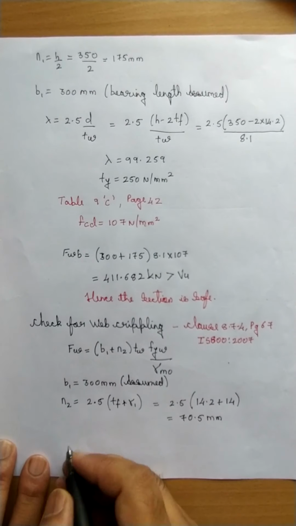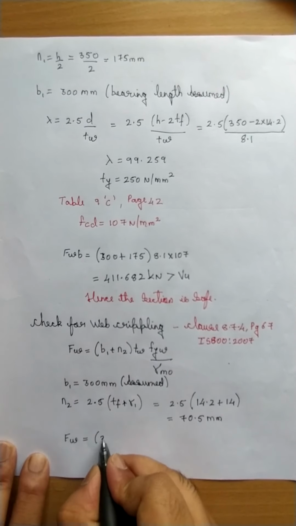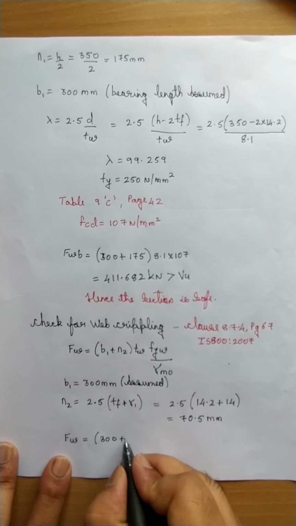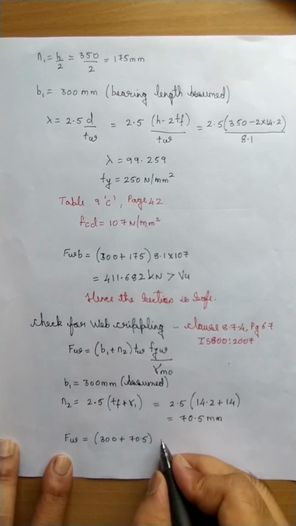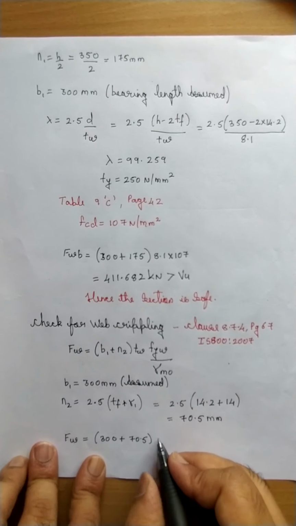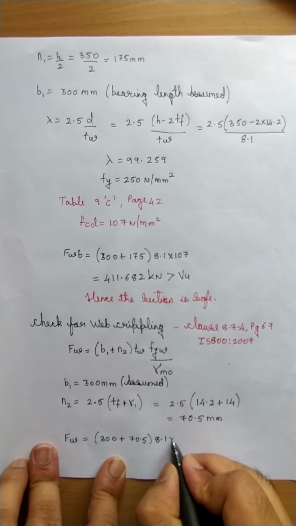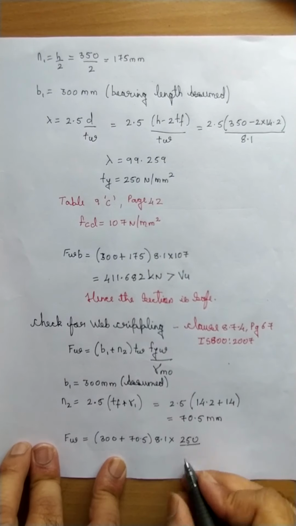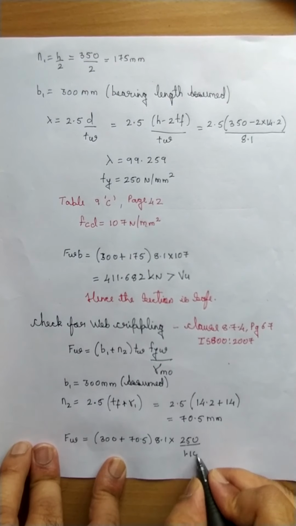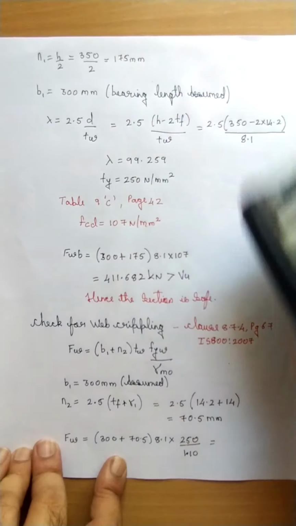So let us substitute in the formula above. FW, so B1 is 300 plus N2 is 70.5, thickness of web is 8.1, FYW is 250 and gamma M0 is 1.1, which you will get from table number 5, partial safety factors. Now let us compute how much this is.